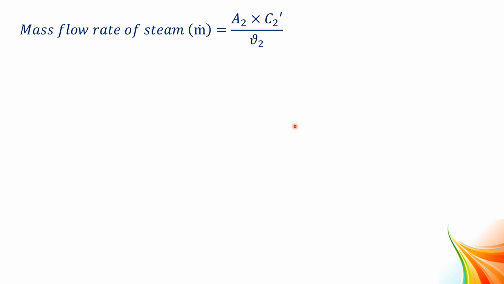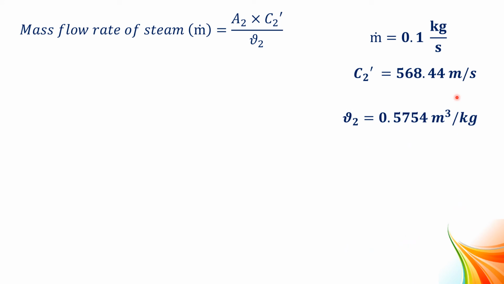Now substituting the values of V2 and C2 dash in the mass flow rate of steam equation, we get A2. We know the mass flow rate is 0.1 kg per second, C2 dash equals 568.44 meters per second, and V2 equals 0.5754 meter cube per kilogram.